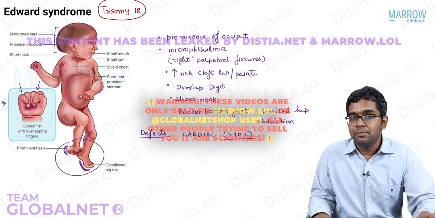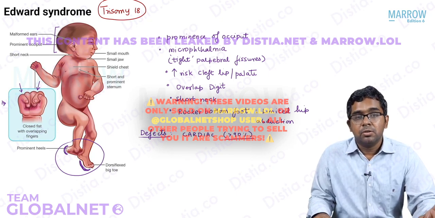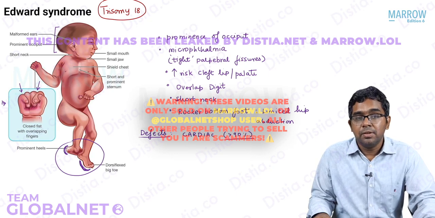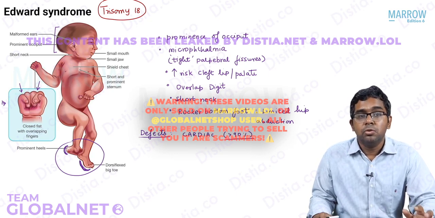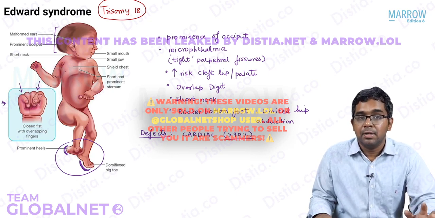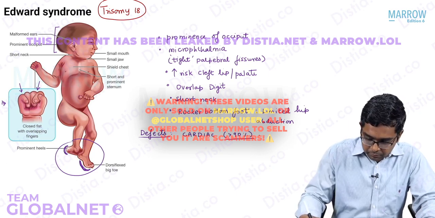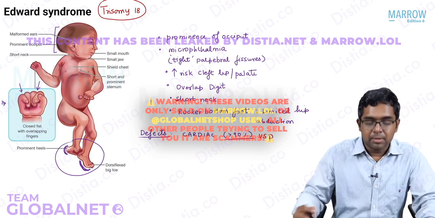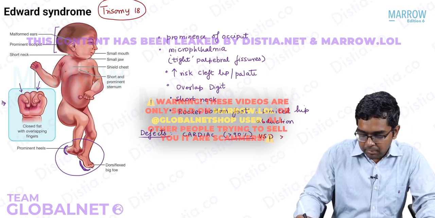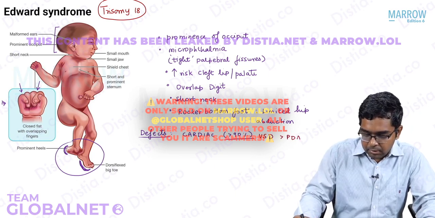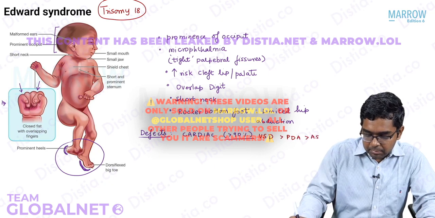If you can remember, this is a very high number. Why? Because in Down syndrome, I told you it is 50% of cases, but here more than 90% of cases will have a cardiac defect. And the most common cardiac defect is VSD, that is ventricular septal defect. This is followed by patent ductus arteriosus, and the third one is atrial septal defect.